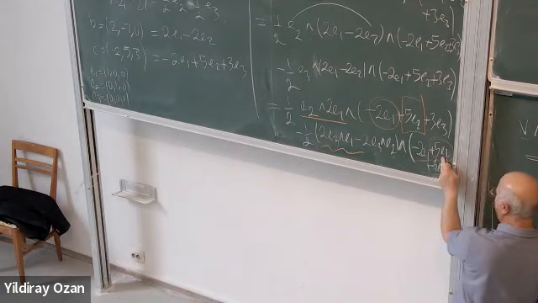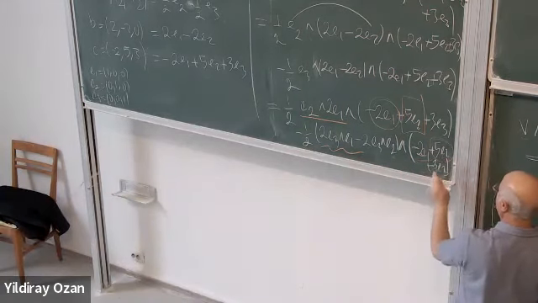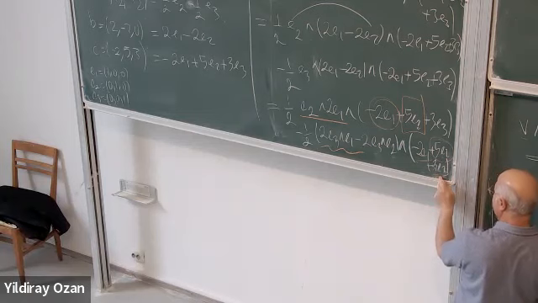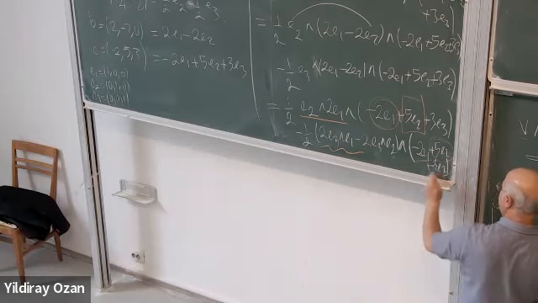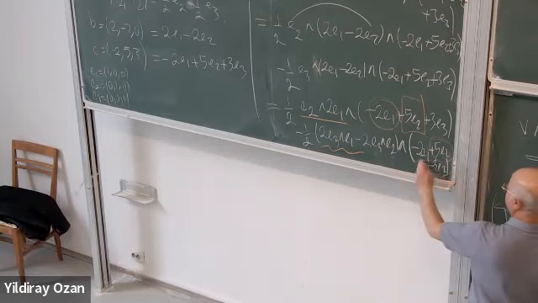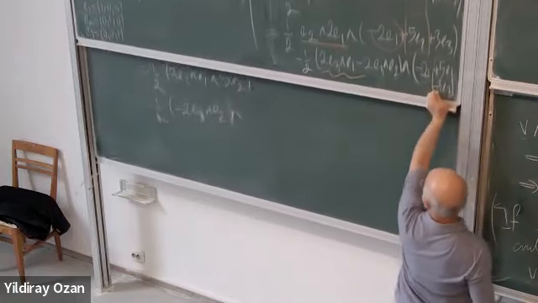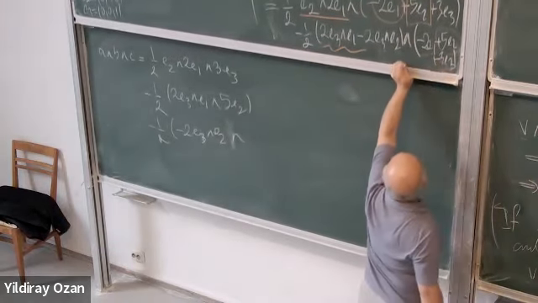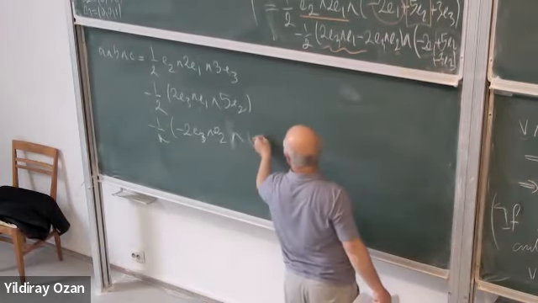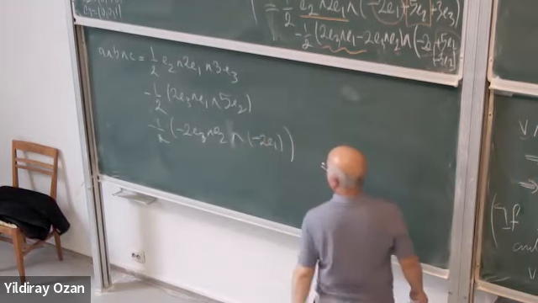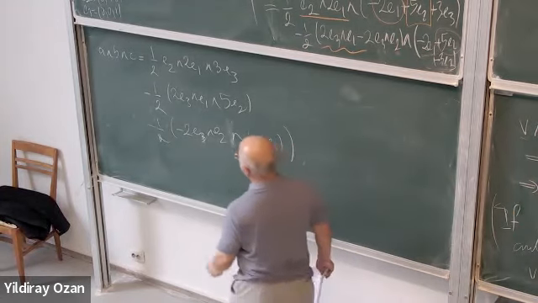Wedge product with this one will give me 0. It will again be 0 if I take wedge product with this one, because I have E3 and E3 here. So the only non-zero term will be from this one. So I have that minus 2 here. So we have what?